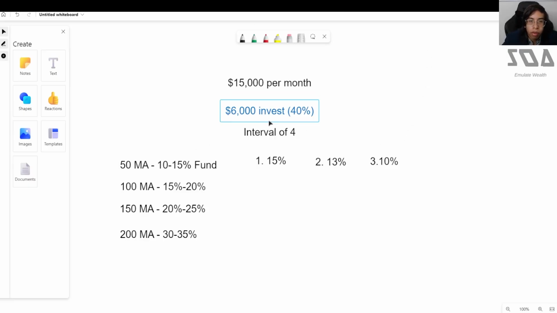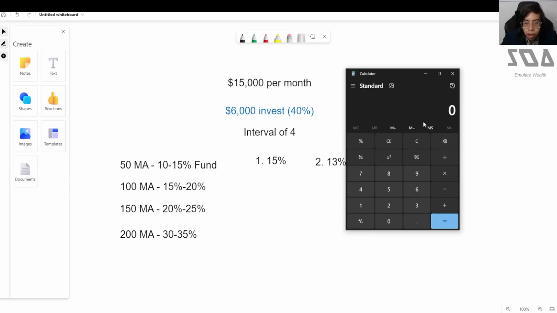So you have almost 12,000, right? You can be with me, right? The first month you made 15,000, 40% of that you invested into the S&P 500. So it's $6,000. In that $6,000, you invested about, in the first entry, 15%, right? So you have about $5,100 left to invest from the first month.